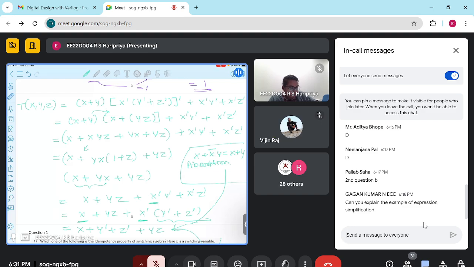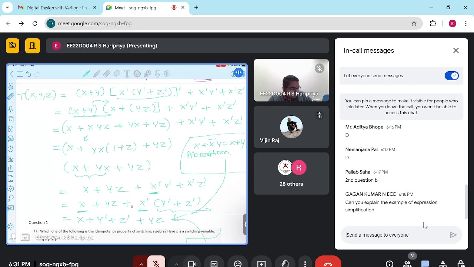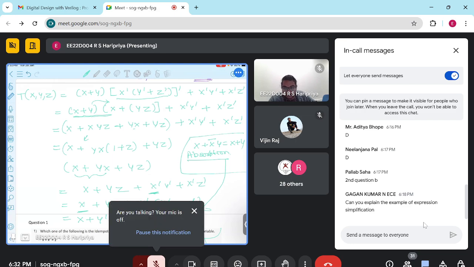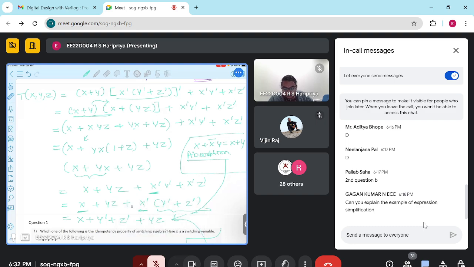First we applied De Morgan's theorem here. Then distribution of this x plus y. Then we started applying the absorption law. So here x y we have taken common. That is again 1 plus c is equal to 1.